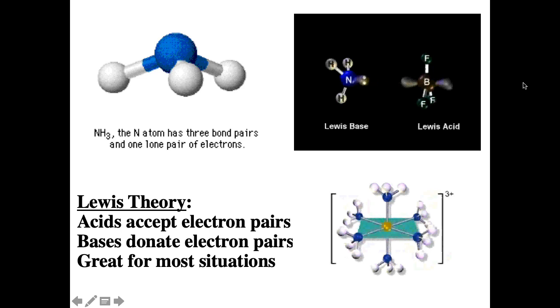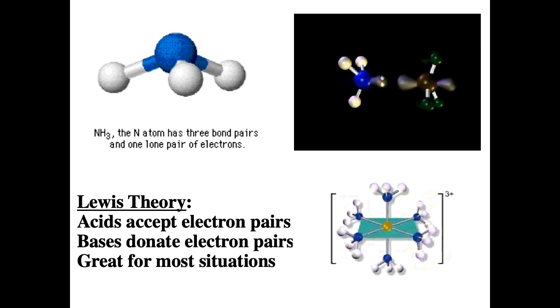Because there's no transfer of hydrogen ions, we cannot use Bronsted-Lowry theory to describe that reaction, but we can use Lewis theory because we're talking about a lone pair of electrons. Lewis acid-base theory is more general than Bronsted theory because it applies to systems that do not involve protons. For example, ammonia acts as an electron pair donor toward boron trifluoride, a molecule that has a vacant 2p orbital.